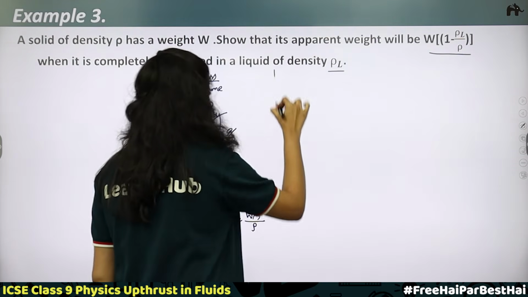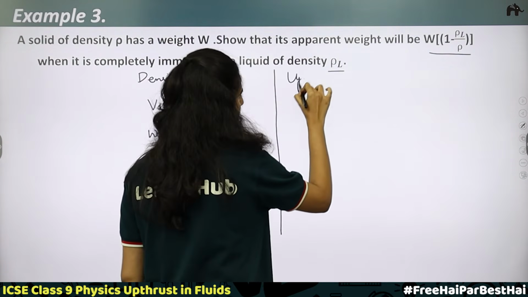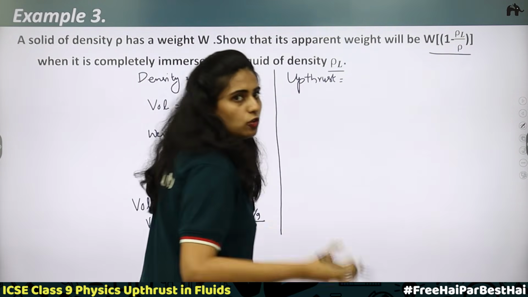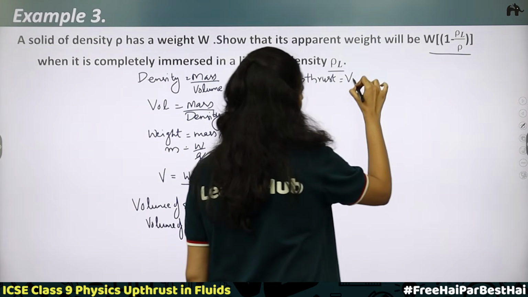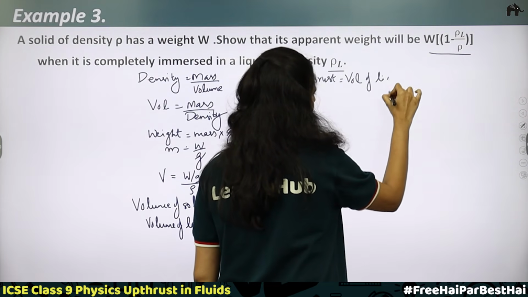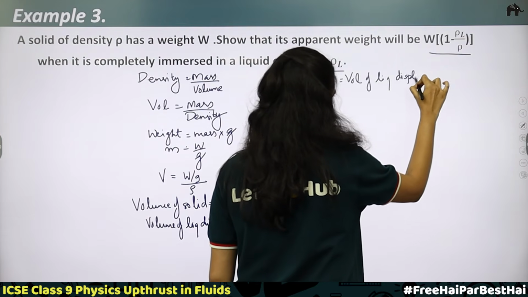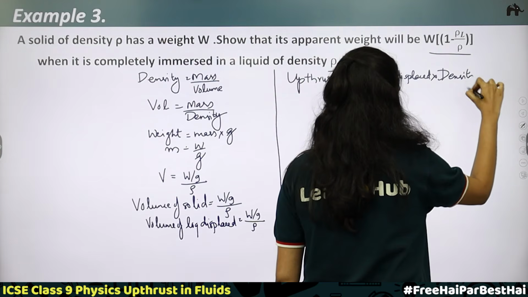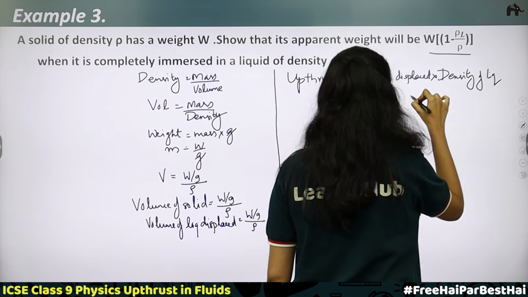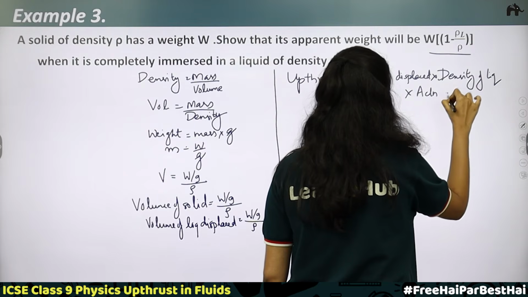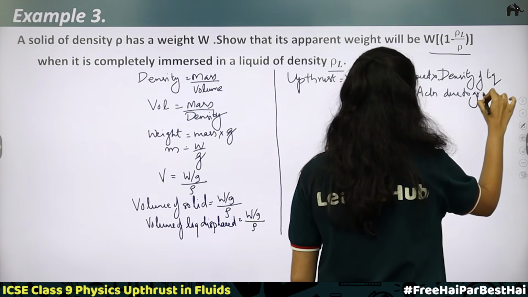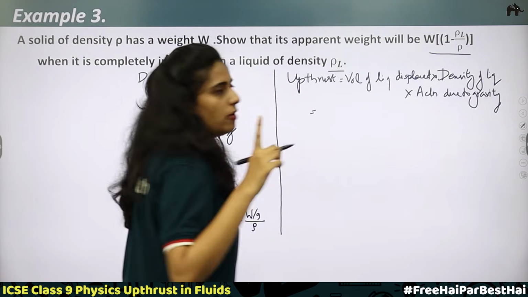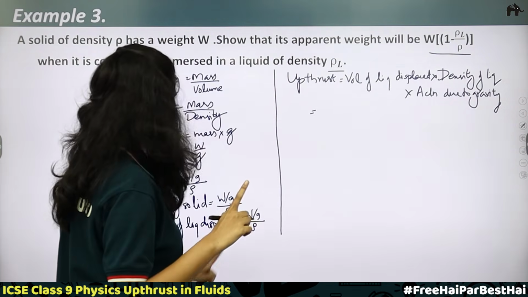Okay. Now, how to find upthrust on the object? Upthrust will be equal to volume of the liquid displaced into density of liquid into acceleration due to gravity. What is the volume of liquid displaced?